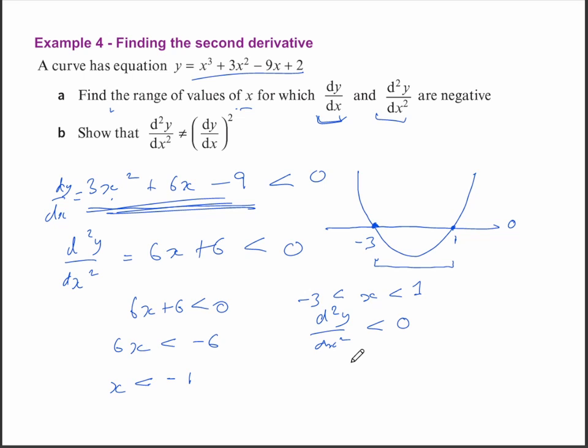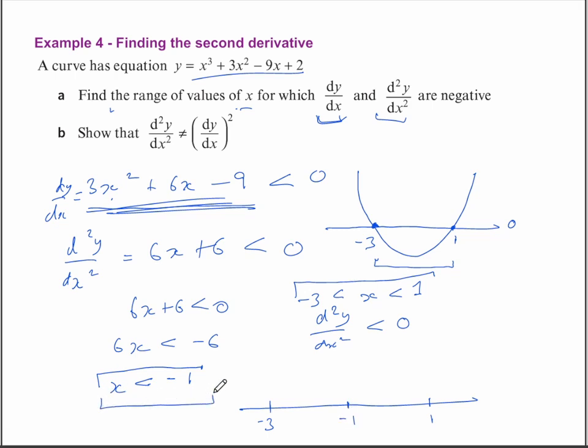So what we have are two ranges. One of them is between -3 and 1, not inclusive, and the other one is less than -1, again not inclusive. On a number line, just to show, this is going to be -3, this is going to be 1, and let's say this is -1. The one for the second derivative is going to be from here, not inclusive obviously, so we draw an open circle towards the left.